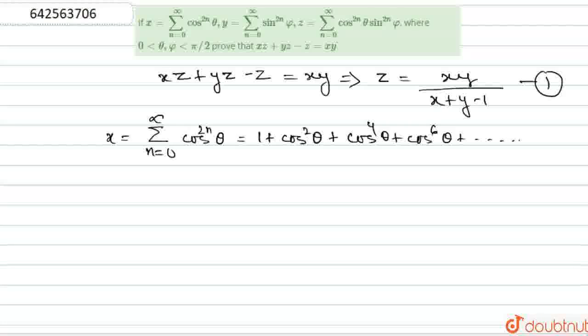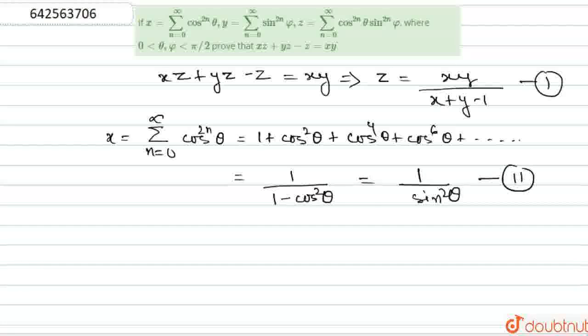Now we know that this is an infinite GP with first term 1 and common ratio cos square theta, and we know that the value of cos square theta lies between 0 and 1. So the sum of this infinite GP will be equal to a upon 1 minus r, where a is 1 and r is cos square theta. So the value of x will be equal to 1 upon sin square theta.